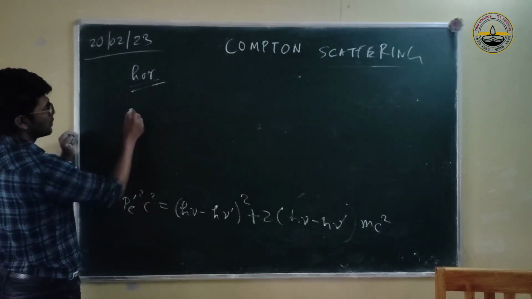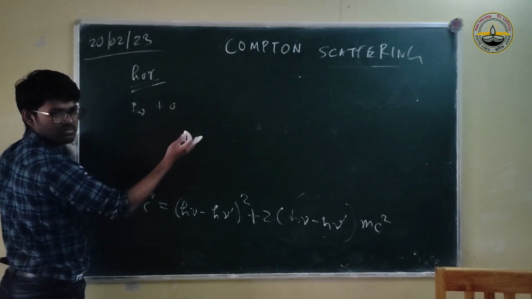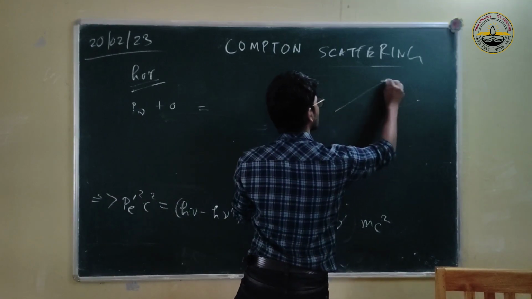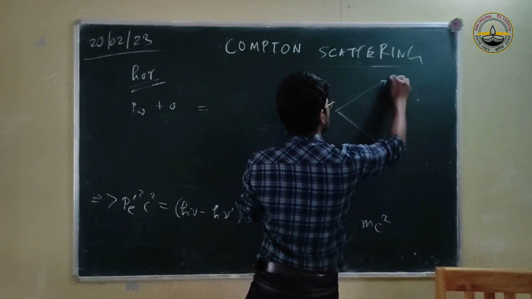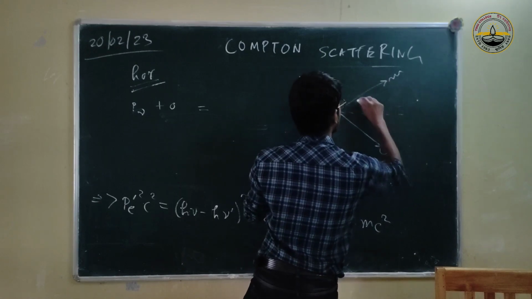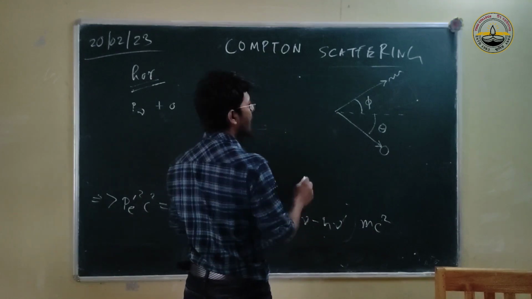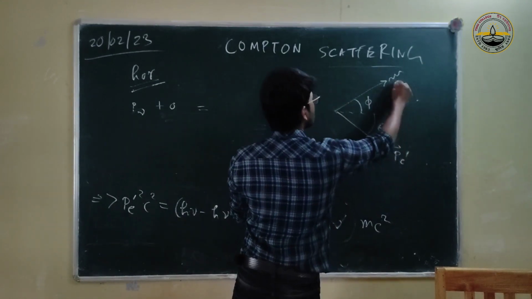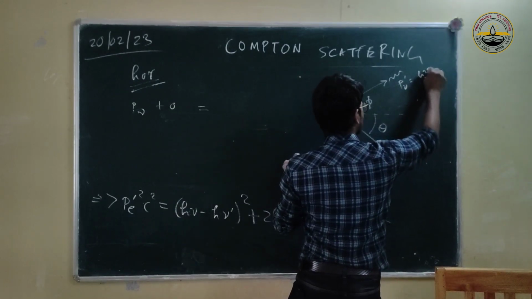Initially, what momentum do we have? We have this p nu plus 0. On the other hand, we now have this picture, electron in this direction and photon at this phi angle, and let's call this theta angle. So this is p e prime now, and this is p nu prime equal to h nu prime by c.